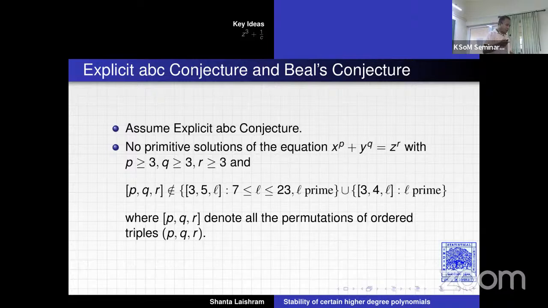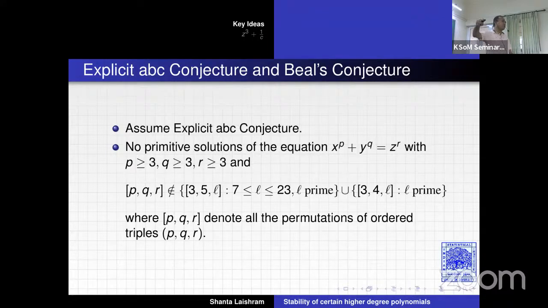To resolve the conjecture with explicit abc, we have some results on this Fermat equation with explicit abc. What we have is that with explicit abc, you have no primitive solutions, except possibly when (p,q,r) is of the form (3,5,l), where l is a prime between 7 and 23, or (3,4,l), or permutations of those.